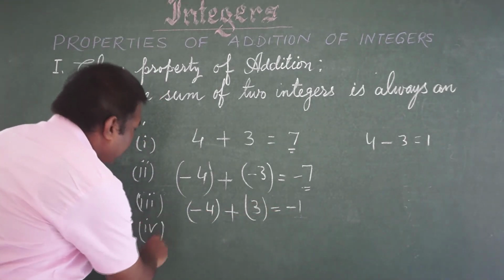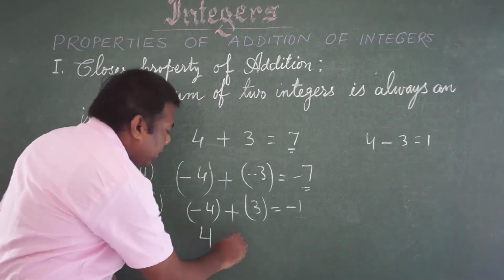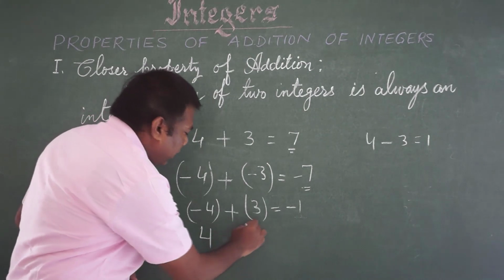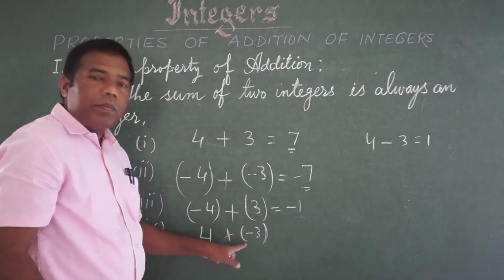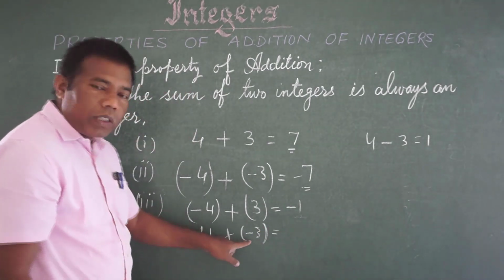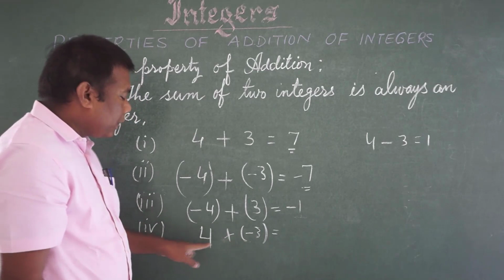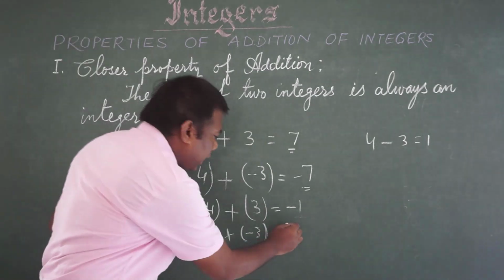Next, you see, suppose the first integer is positive and the second integer is negative, and you need to add these numbers. Again the same method is applied. Subtraction will be there, the smaller number should be subtracted from the bigger number, and the sign will be of the bigger number. So you will get 1.